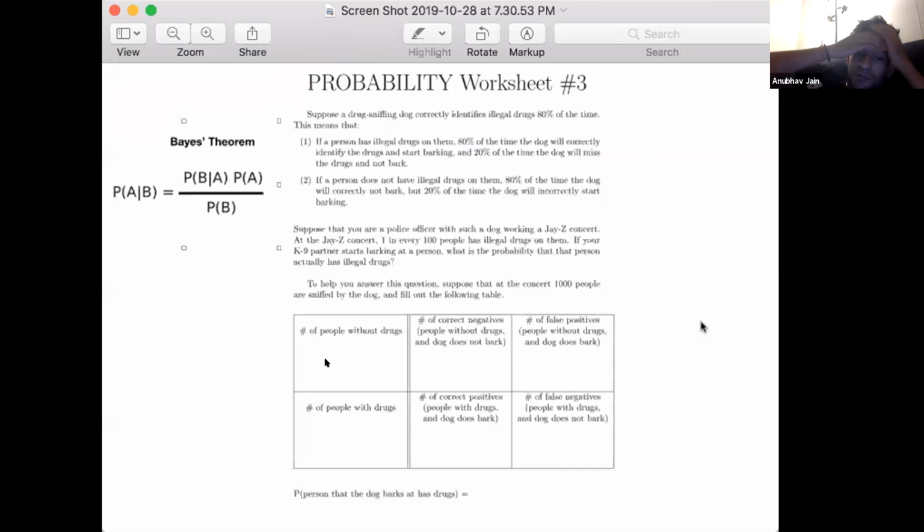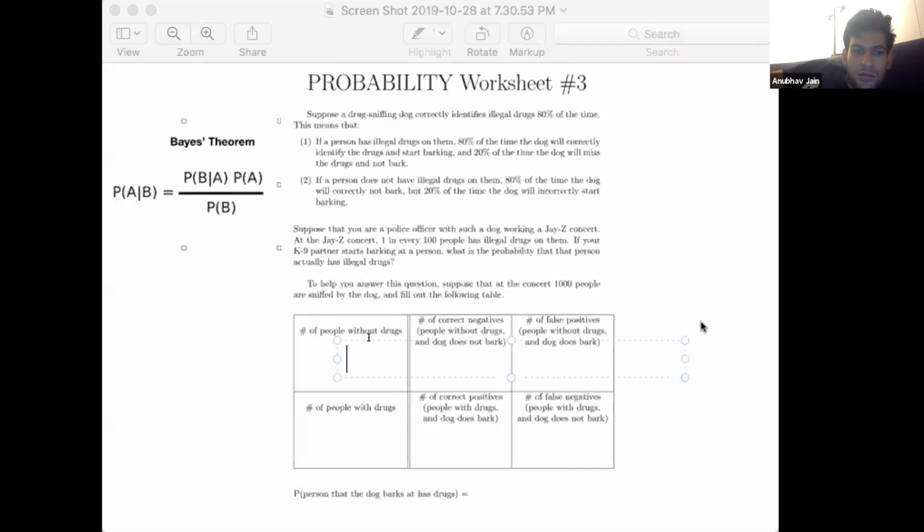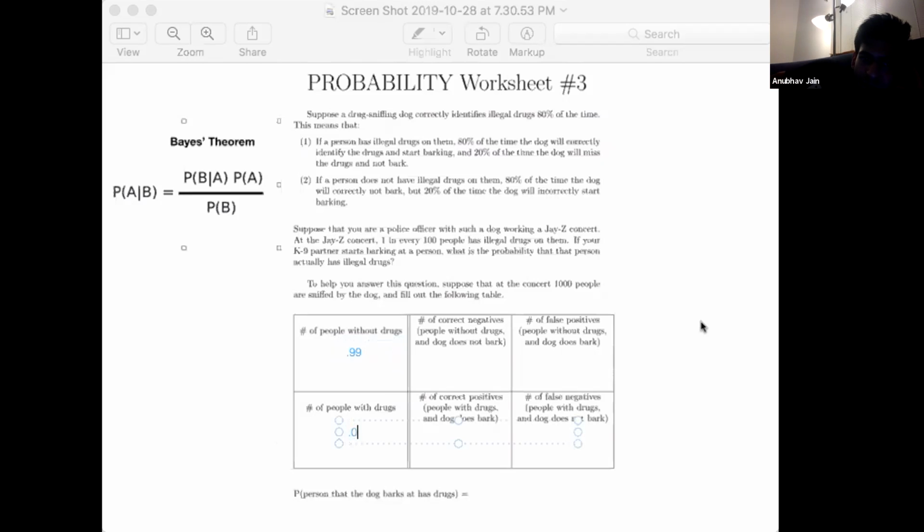So first, we wanted to put in the number of people without drugs, which will be 0.99 because it's 99 out of 100, and the people with drugs will be 0.01 because that is 1 out of 100.